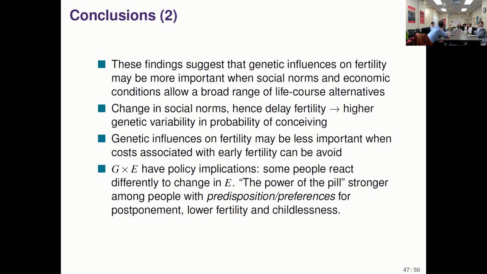There's an interesting pattern: people who have a genetic predisposition for later age at menarche also have a genetic predisposition for later age at first birth, first sex, later education, and menopause. They all go in the same direction.